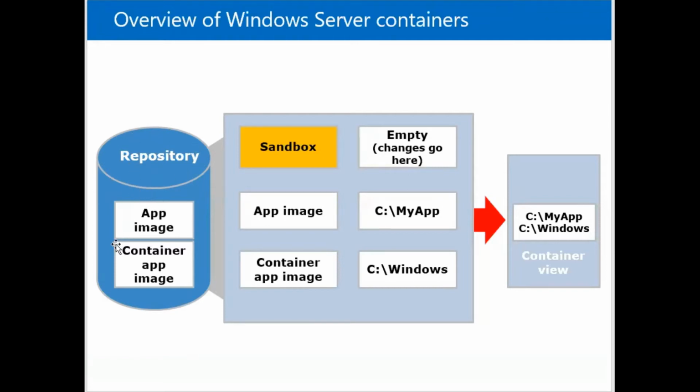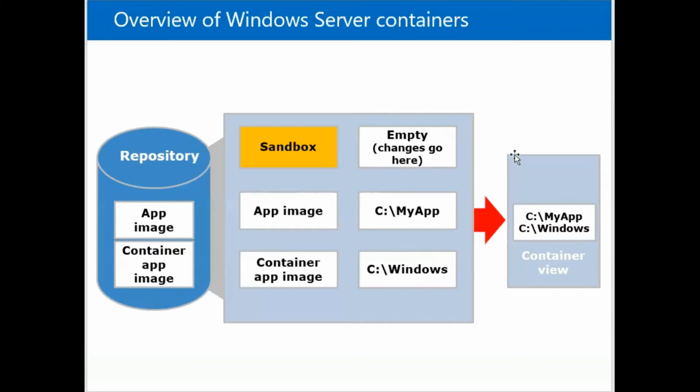It will have application images, application information, and container application images. But from this repository, you can download some things. You can download maybe some application image or container image, and after that, you can build.